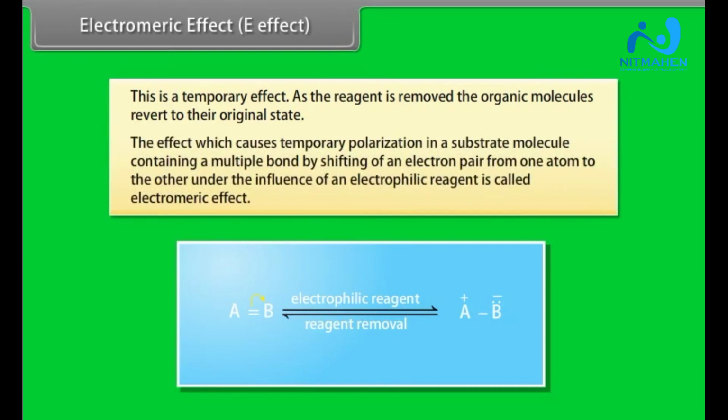The effect which causes temporary polarization in a substrate molecule containing a multiple bond by shifting of an electron pair from one atom to the other under the influence of an electrophilic reagent is called the electromeric effect. Types of electromeric effect: two types.